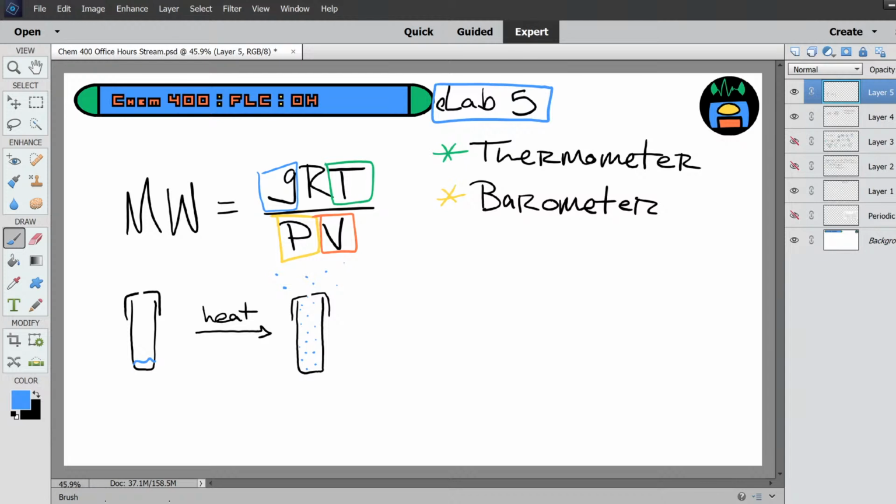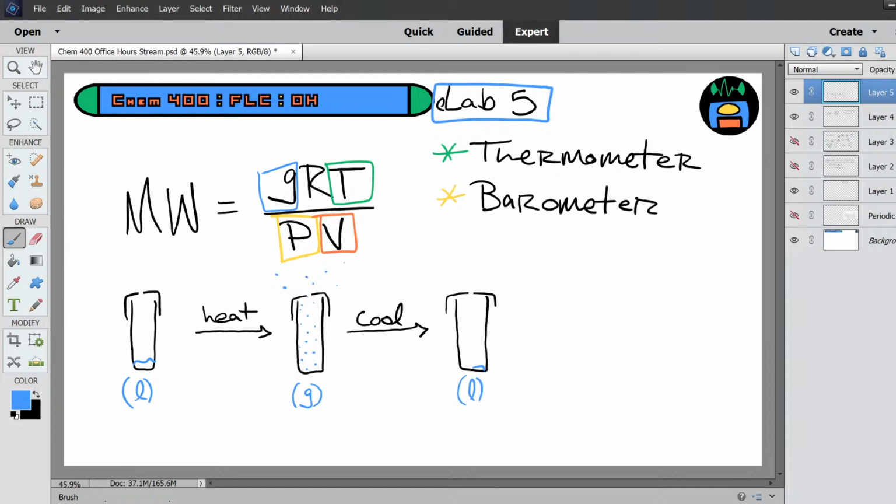Then what you do, once it's all evaporated, is you stop heating and you actually cool it back down, and you condense it from the gas phase back down to the liquid phase. Right, so you start as a liquid, you vaporize it, but then you go back to the liquid phase.